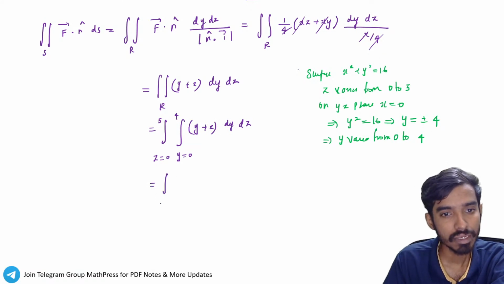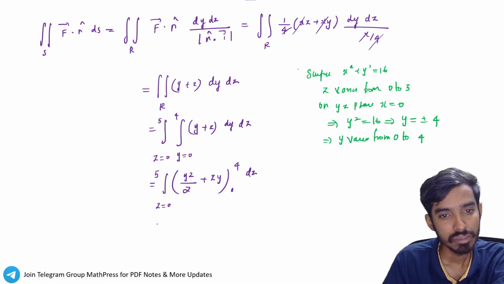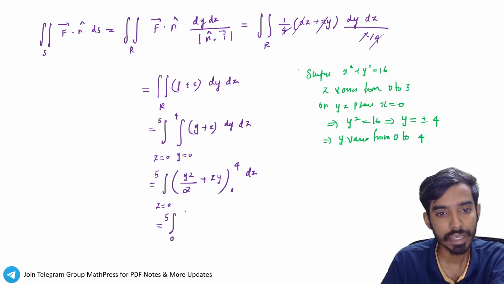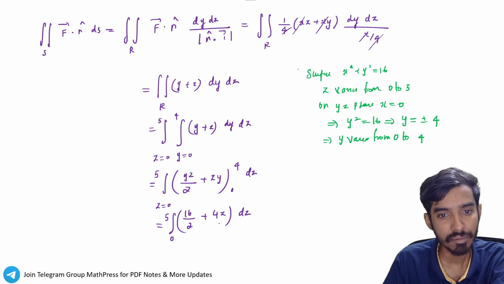So this will be integration of z from 0 to 5, y square by 2 plus zy from 0 to 4 into dz. When you put the upper limit, 4 square is 16, so 16 by 2 plus 4z dz. So this will be 8, right?